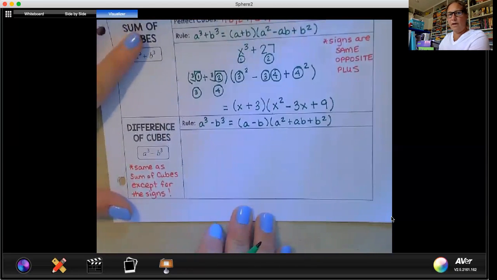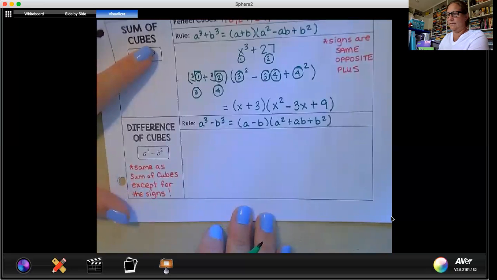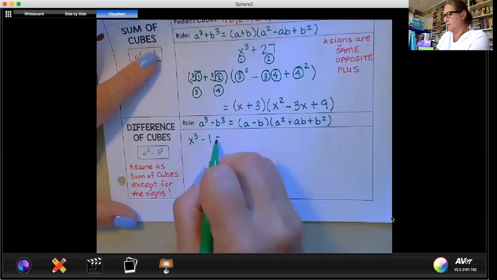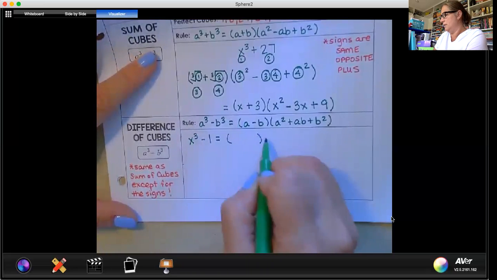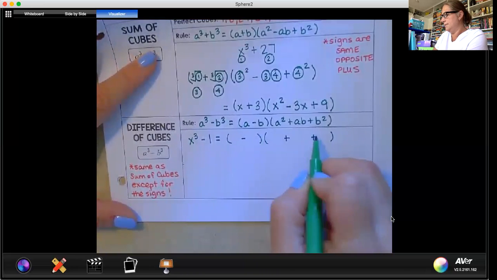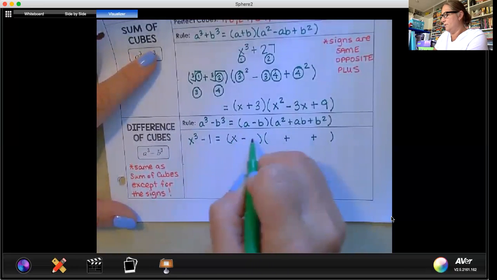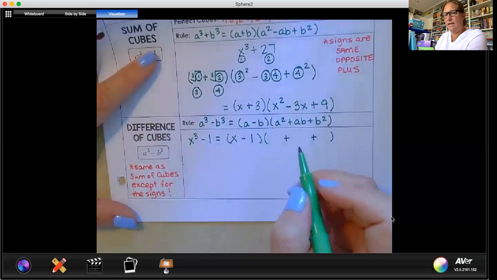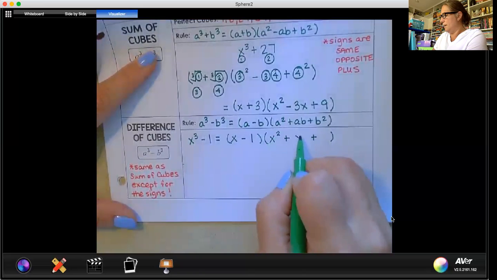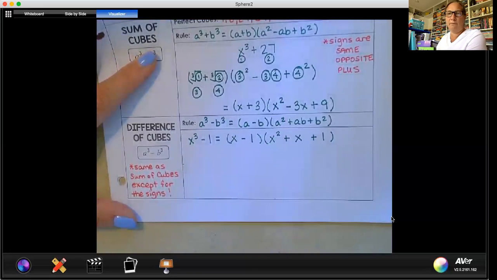So now that we've gone through it with sum of cubes, we're going to practice it with difference of cubes. We're going to do x cubed minus 1 first. Small, large, same, opposite, plus, cubed root of the first, cubed root of the second, square term 3, multiply them together, square term 4. That's simple.